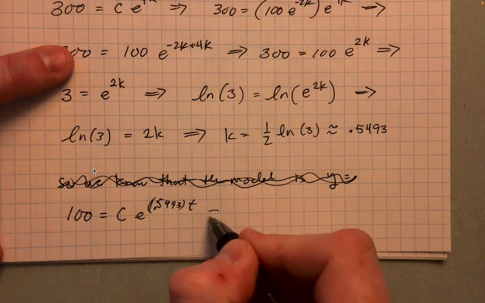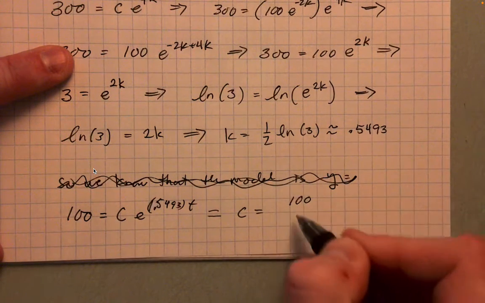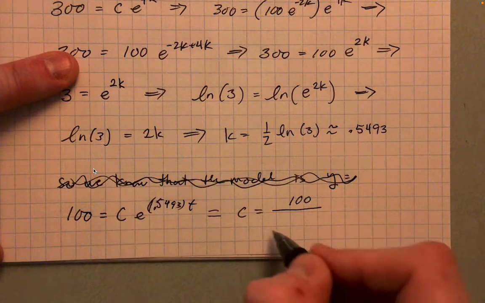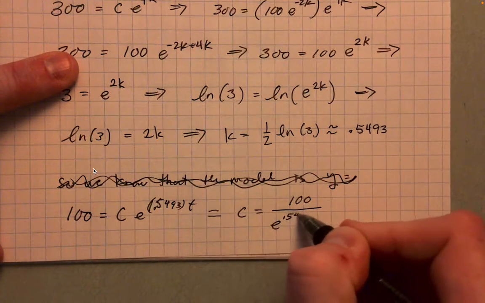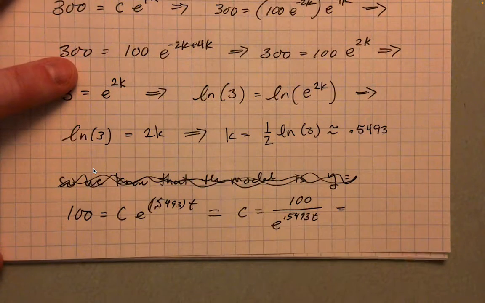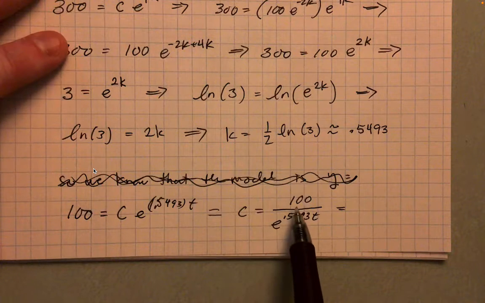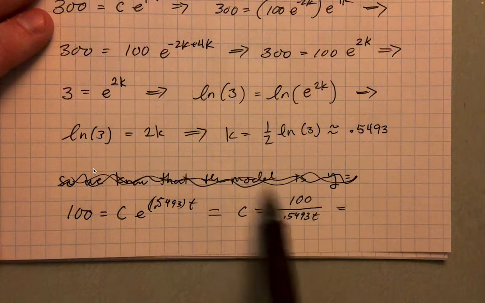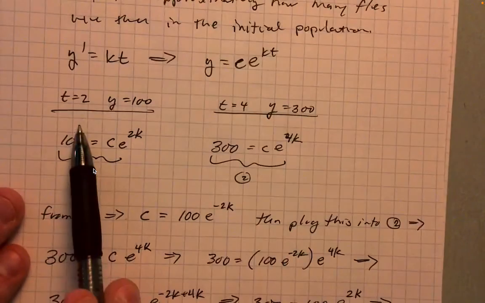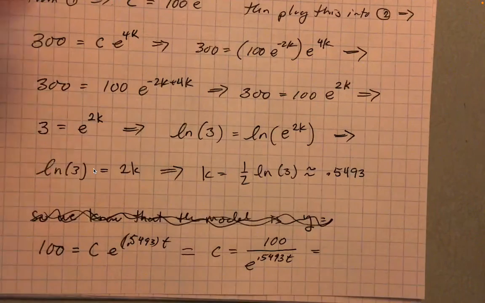So this all means that c is equal to 100 divided by e to the 0.5493 times t. Now what is a t that we can use here? Well, when the population was 100, that was at time 2. So we can just use t equals 2 there.